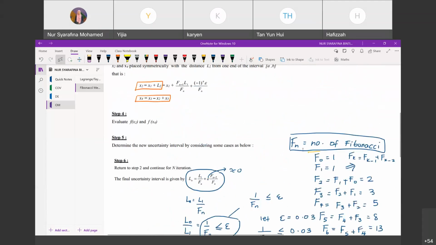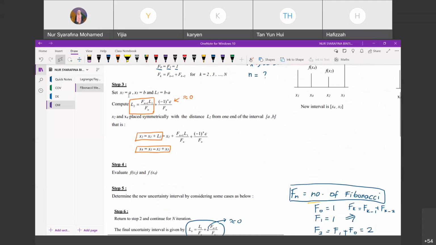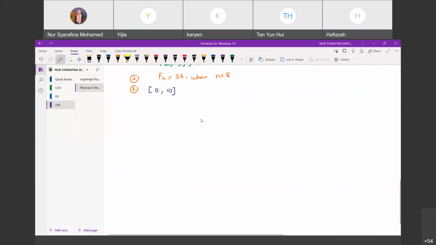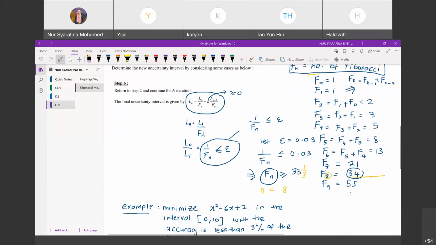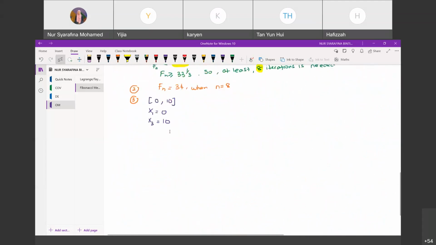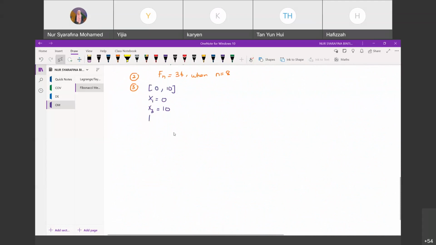Define x1 equals A, x3 equals B. So your x1 equals 0, your x3 equals 10. And L1 equals B minus A. So this is 10 minus 0. Okay, clear now?